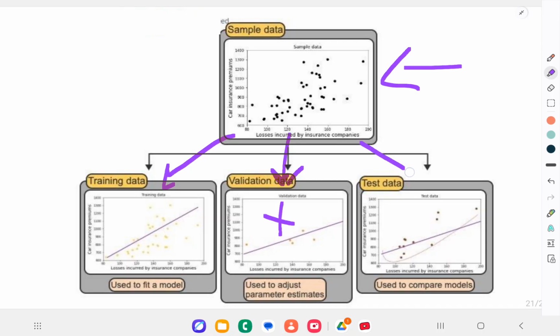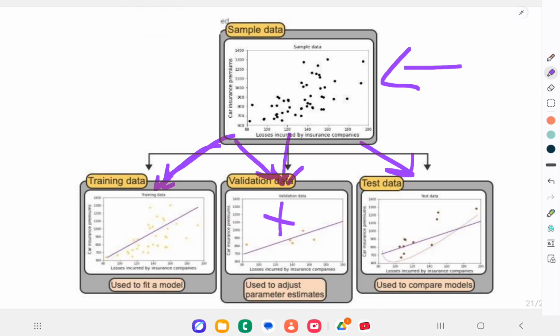The final subset is the testing set. This one is held back until the very end. It plays one single critical role, which is to evaluate the model's performance on unseen data. So you train the model, you predict, and you evaluate its performance on the validation data.